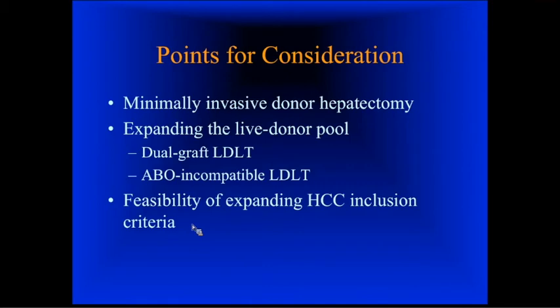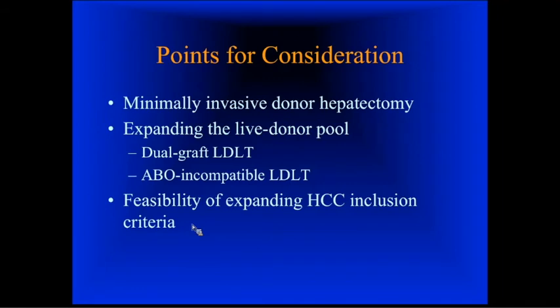So dual graft has come about in a few cases where you have two separate donors, and you take a little bit of the left and a little bit of the right. It is successful, but it's not recommended at this point in time, because it's hard to find one suitable donor, and second is the risk of putting two people at this type of risk for voluntary surgery.